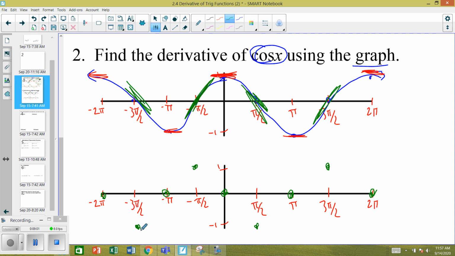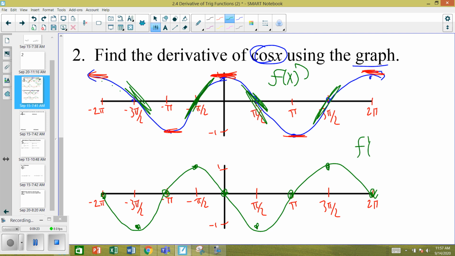Okay? And if you were to connect, and all the slopes in between that are continuous, so all the values right here look like this if we were to connect the dots. So all I did was take f of x being cosine, and I just plotted the derivative values and connected the points. So this is f prime of x below here.